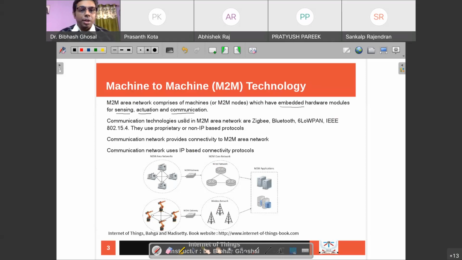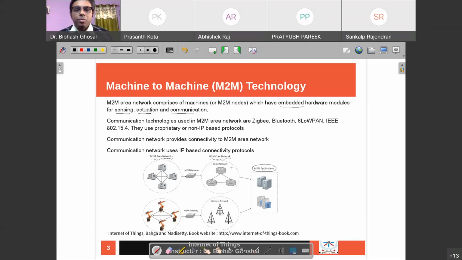So you connect machines, as you see in this network. Here we have the devices, the machines, which are connected, and they form their local network, which we call the M2M area network. Okay, so this is the M2M network, and here is the internet, the core network, which connects to the different applications.